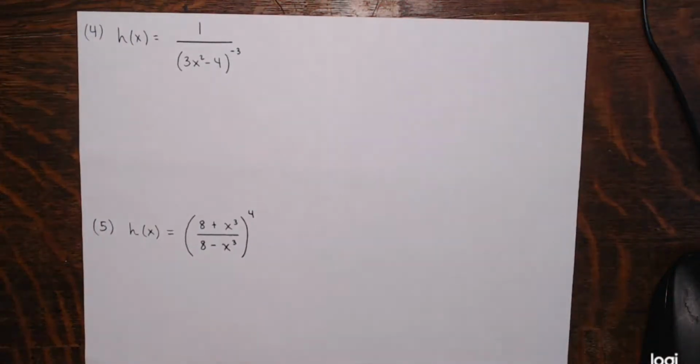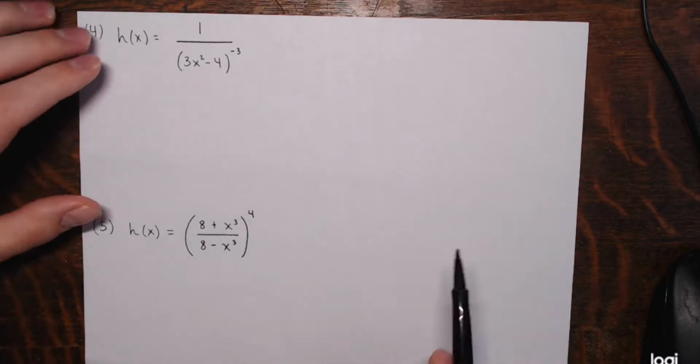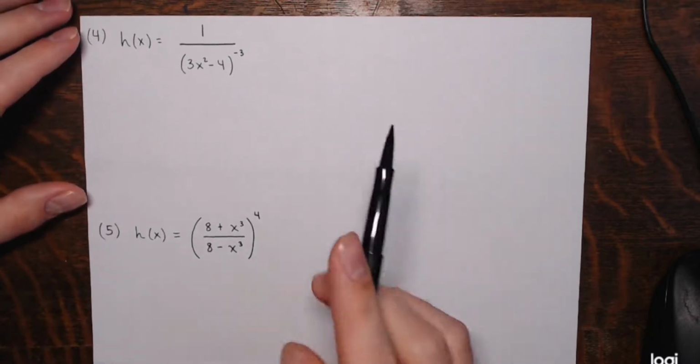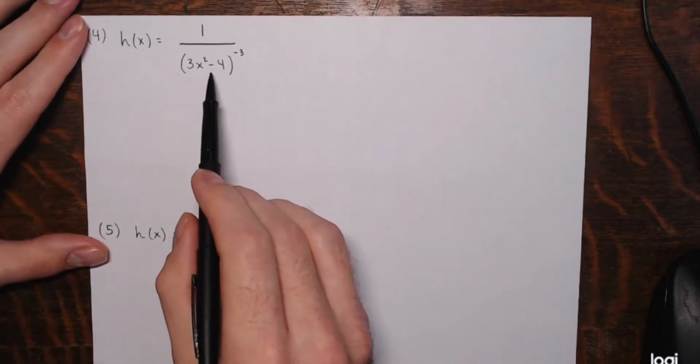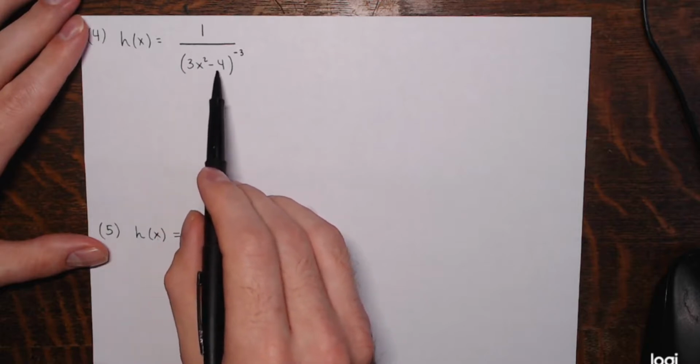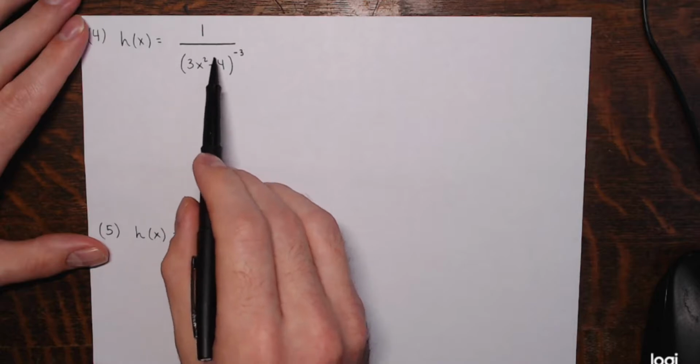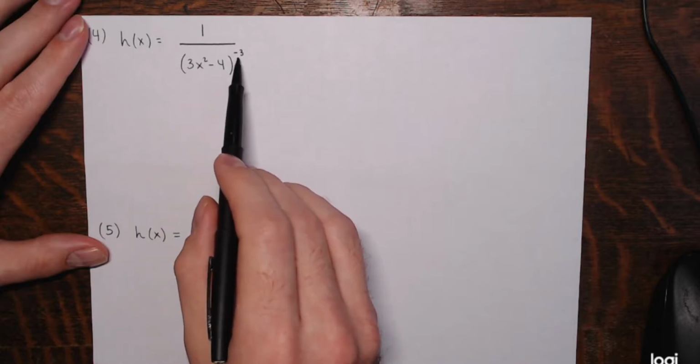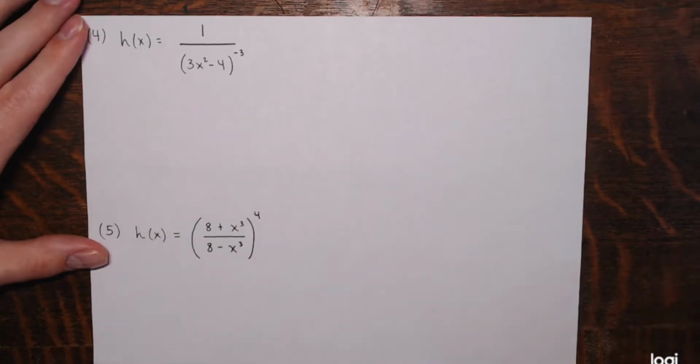Again, sometimes it'll be more obvious than others what should be the inside component and the outside component. So here, I'm hoping it's obvious that you see how this 3x squared minus 4 is inside this negative 3rd power expression in the denominator here.